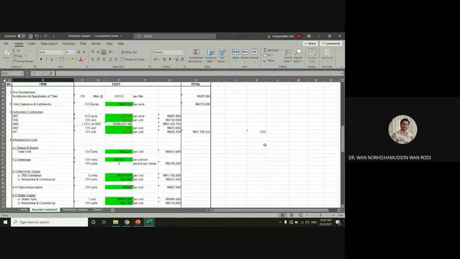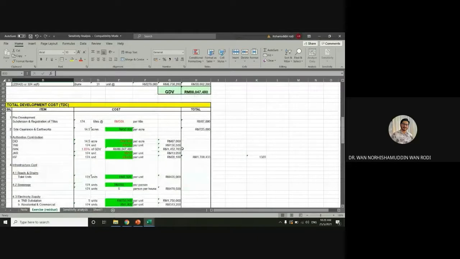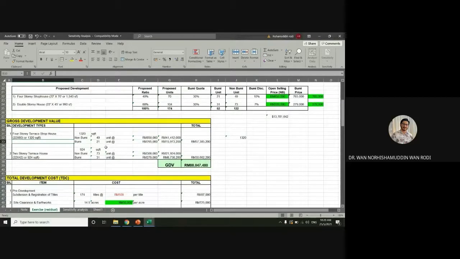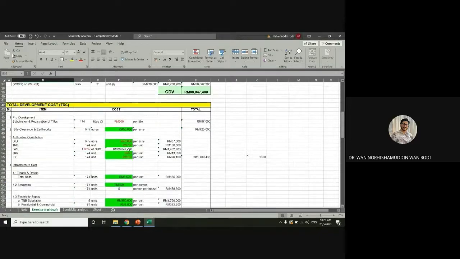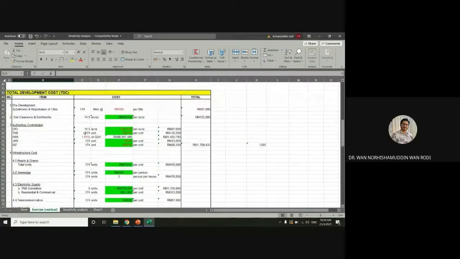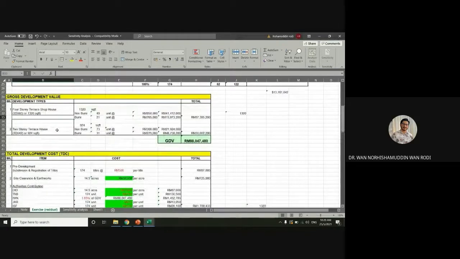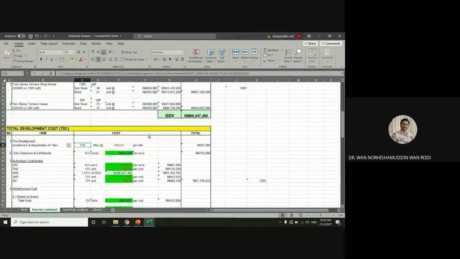Now, the next thing after you have completed your calculation is that you need to identify the dependent variables and independent variables. In this context, we are trying to look into whether the profit is sensitive to any of these items in development, such as sales or the cost.